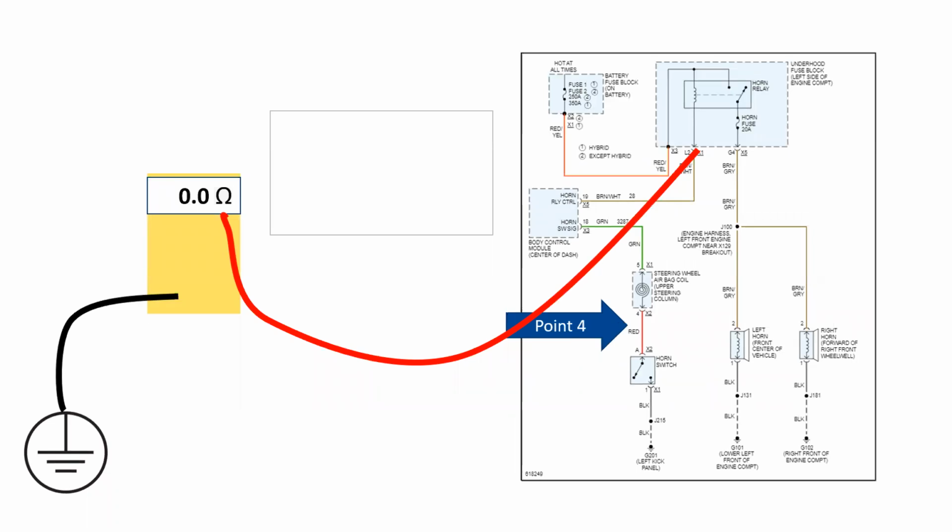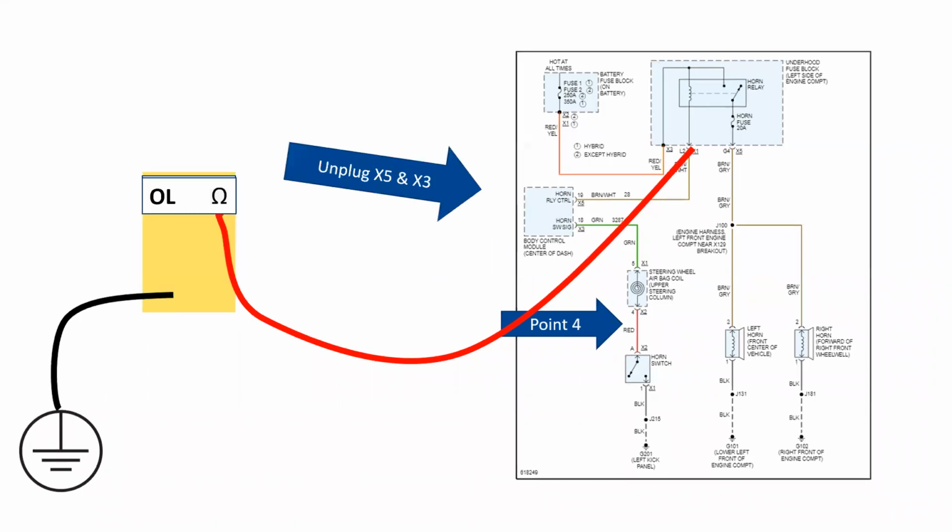What I would expect to find at that particular point, with key on, engine off, is 0 ohms, because I had a complete ground path running through the circuit. Now, again, I still have to find out where that is.